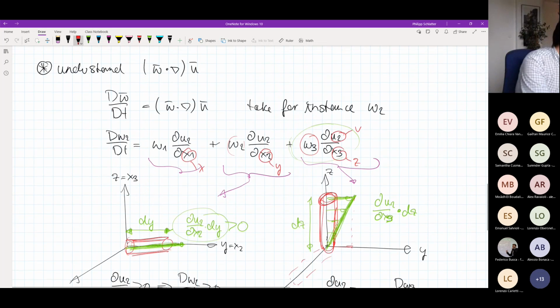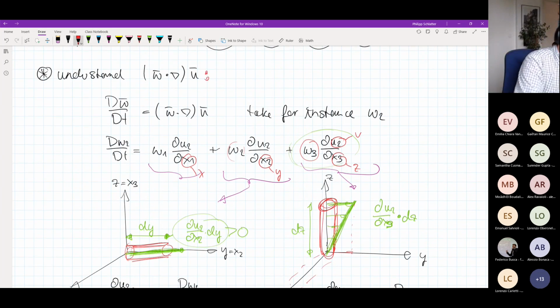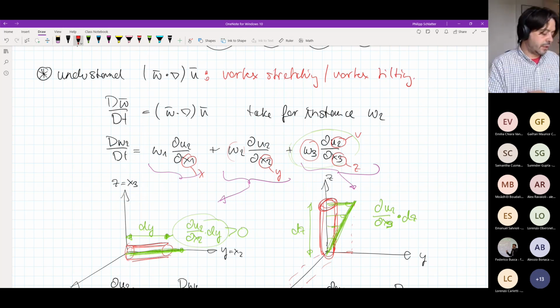So this term here is called the vortex stretching or vortex tilting term. And because this depends on what direction it is, you can essentially say that the diagonal would correspond to the vortex stretching, and the off-diagonal terms to vortex tilting.